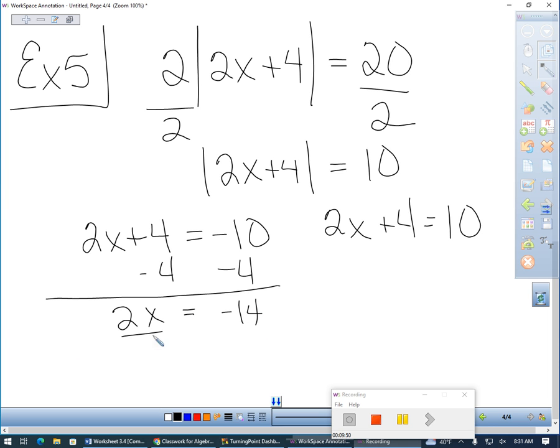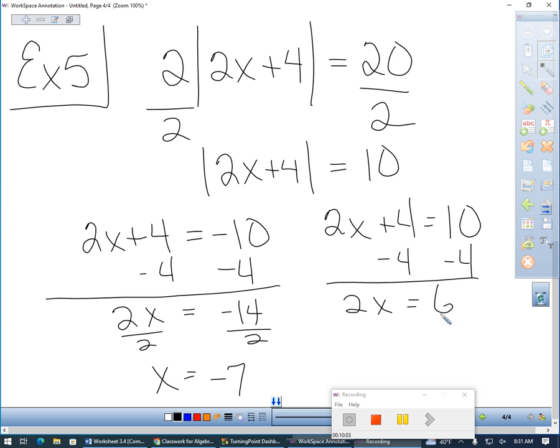Divide both sides by 2, and x equals negative 7. Over here, subtract 4 from both sides. 2x is equal to 6. Divide both sides by 2, and x equals 3.